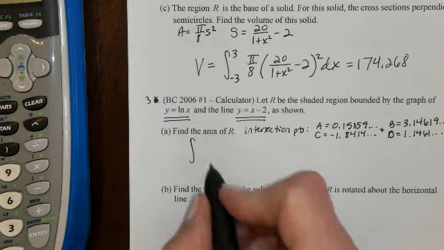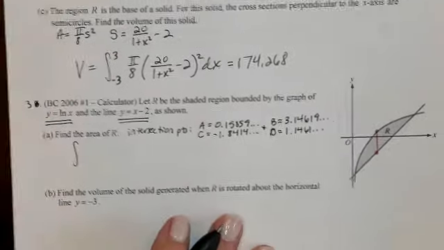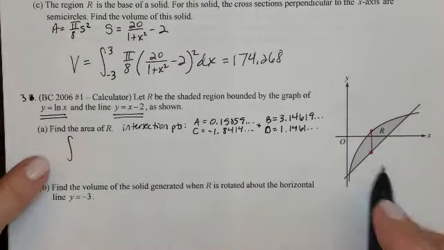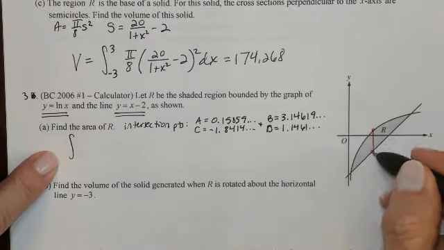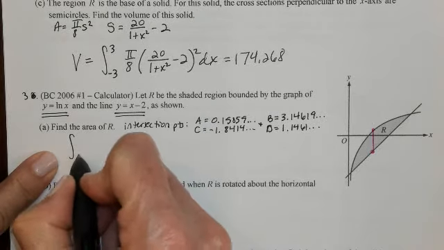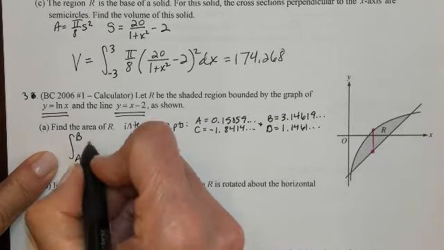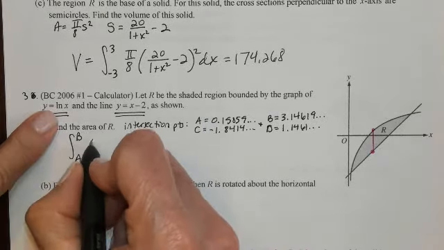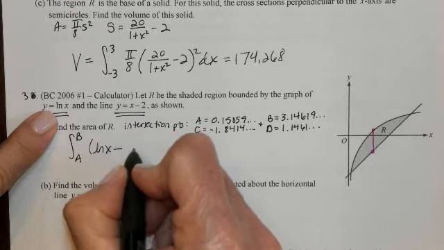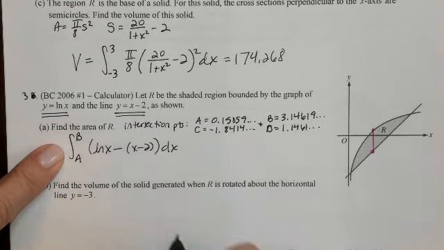Okay. So my area of R here, let me pull back my little sketch. My area of R will be, since I'm doing top minus bottom, I'm using my x intersection points, right? So A to B of the top minus the bottom dx.